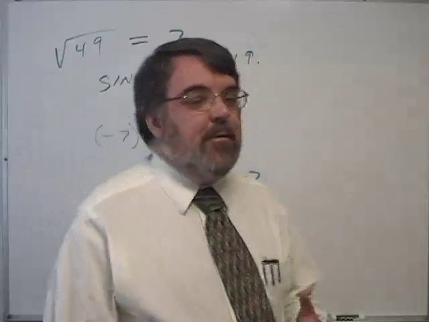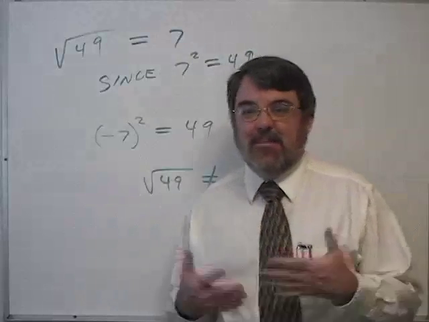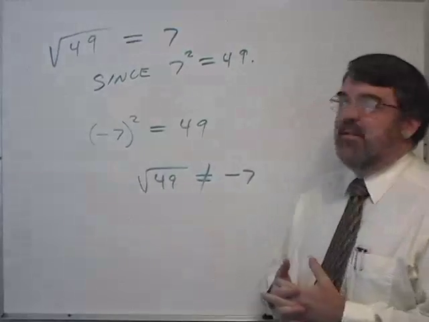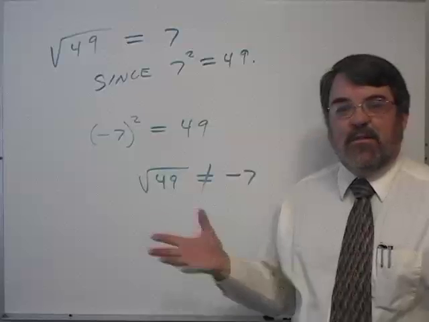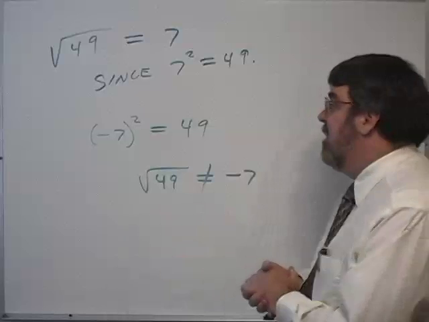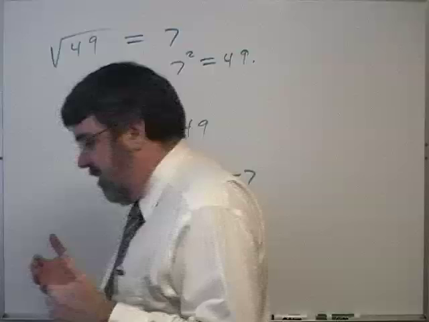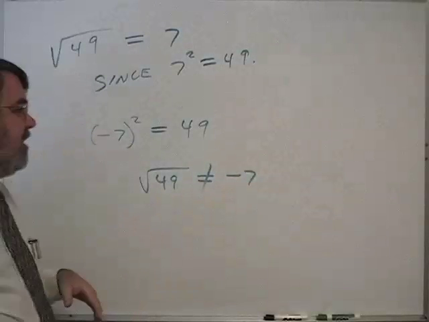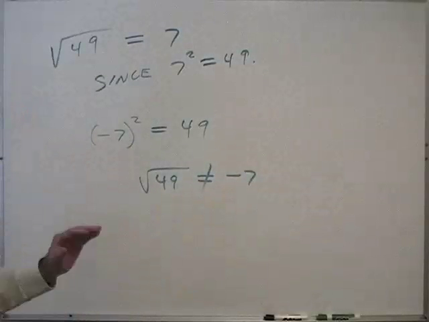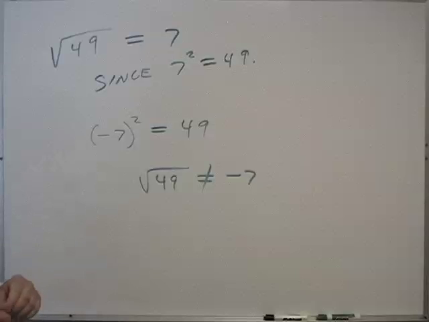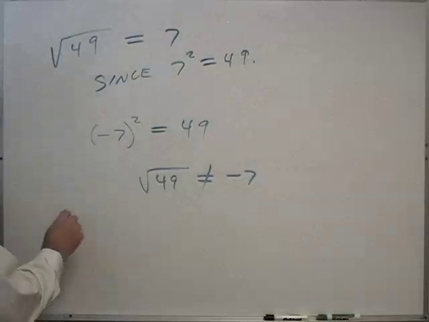So for that reason alone, I believe, is why we always define the square root to be a positive number. I don't mean for this to be confusing. We would say that -7 is the negative square root of 49.